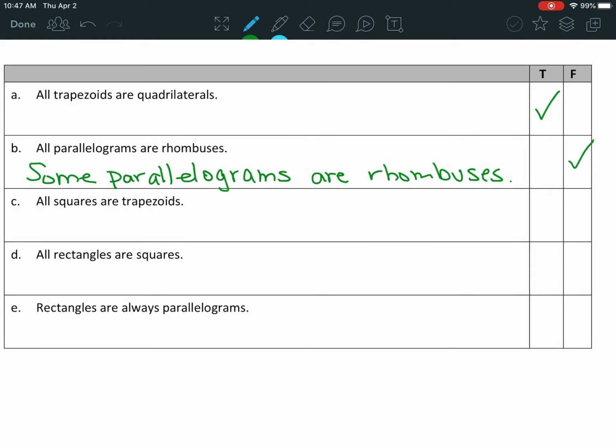C says all squares are trapezoids. That is true. D says all rectangles are squares. All rectangles are squares is false. However, all squares are rectangles.